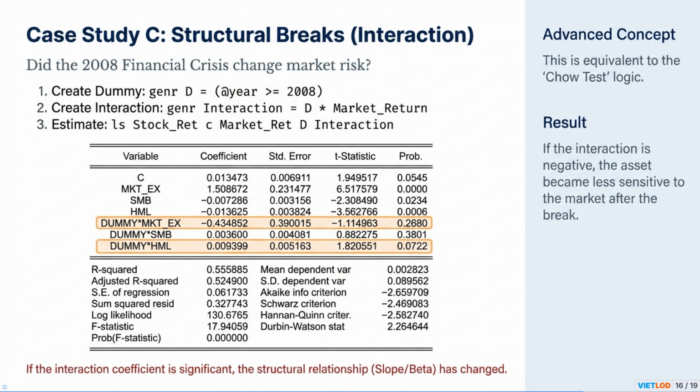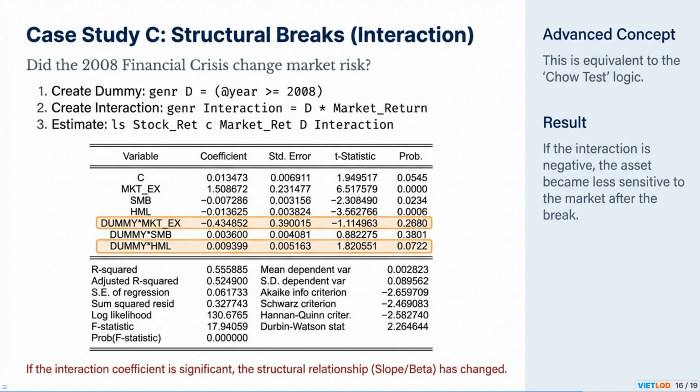To conduct this, we first create a dummy variable, D, which takes a value of 1 for years 2008 and later, using the command genr d equals @year greater than or equal to 2008. Next, we generate an interaction term by multiplying this dummy with market return, using genr interaction equals d times market return. Finally, we estimate the regression model, LS stock ret C market ret D interaction.